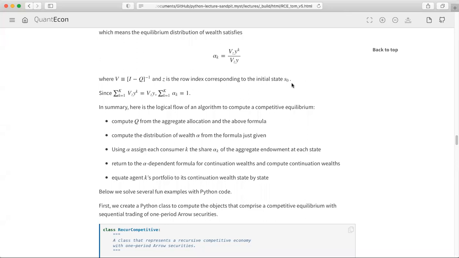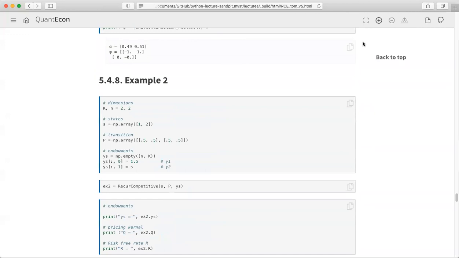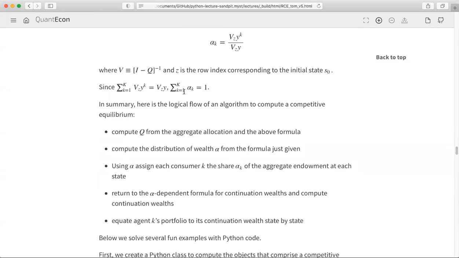Okay, so I arranged this into a description of essentially pseudocode, to get ready for an algorithm to actually compute a competitive equilibrium. So here's the thing. First, we use the formula above to compute Q directly from the aggregate allocation. Then I computed the distribution of wealth from this formula right up here.